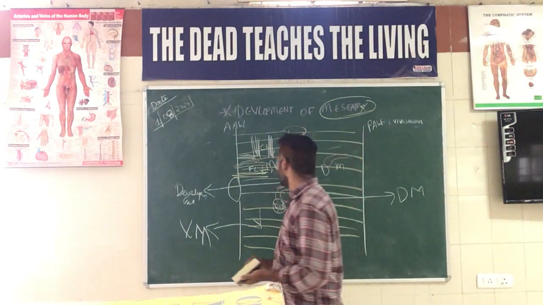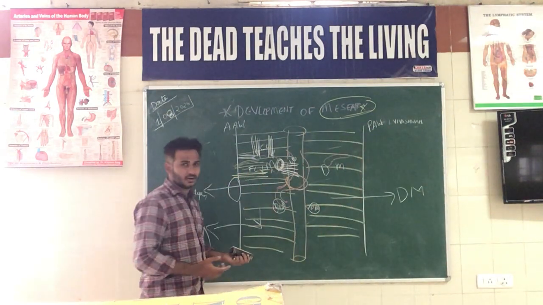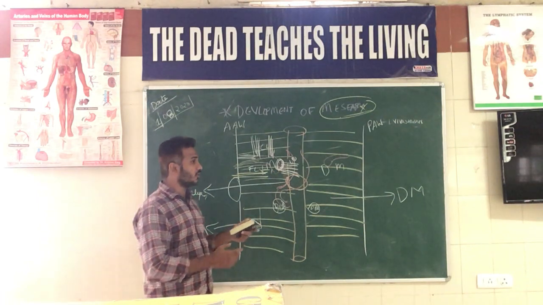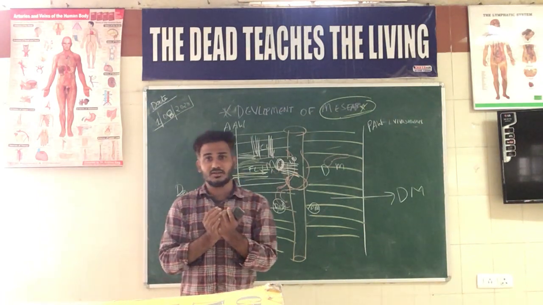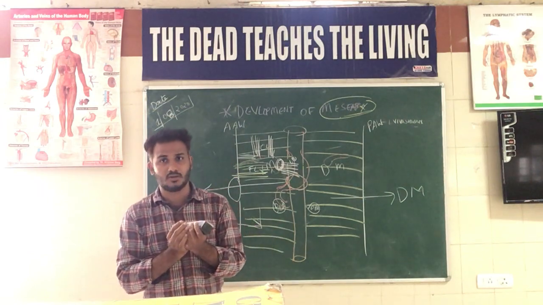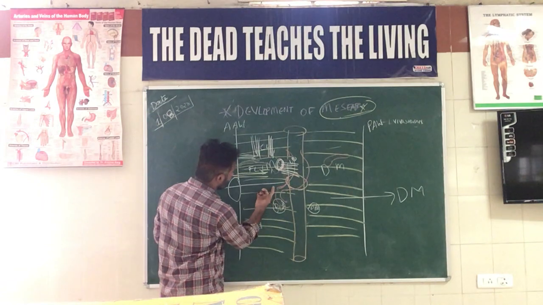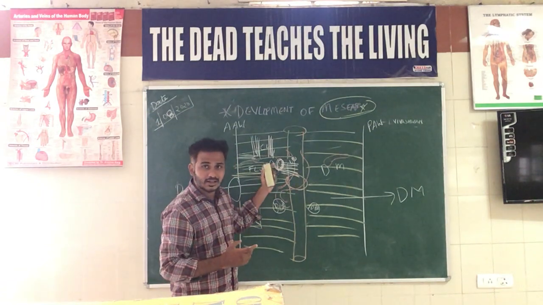We have already studied that the anterior free margin of the lesser omentum forms the foramen of Winslow, also called the epiploic foramen. Actually, it is an opening into the lesser sac.